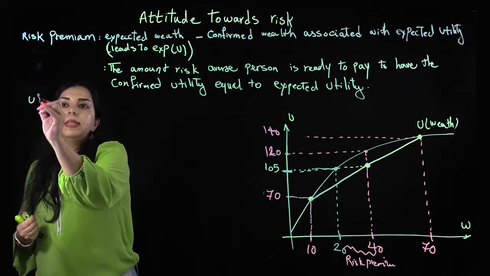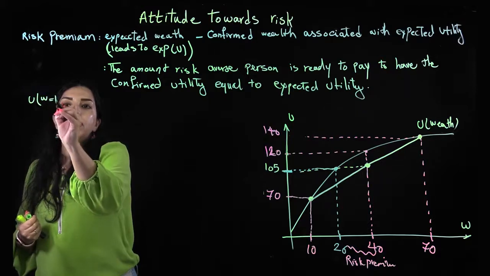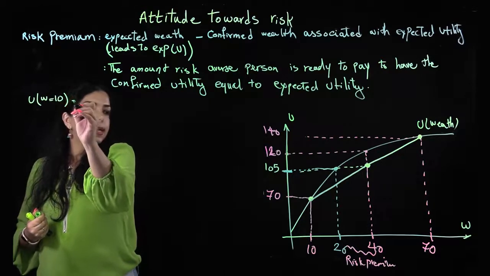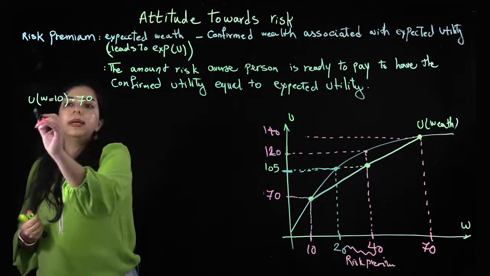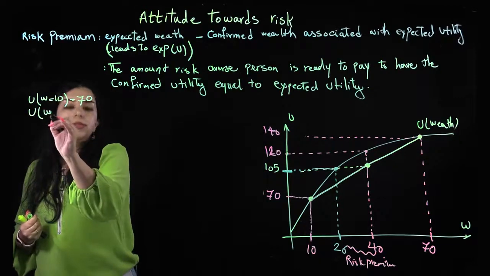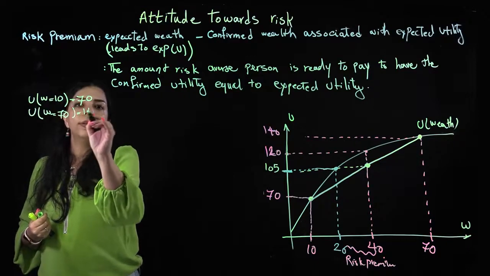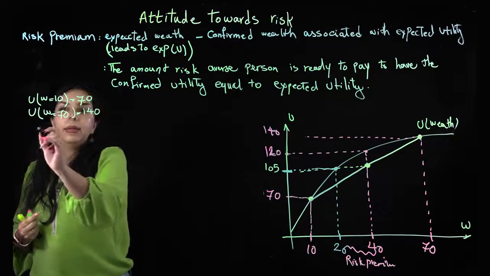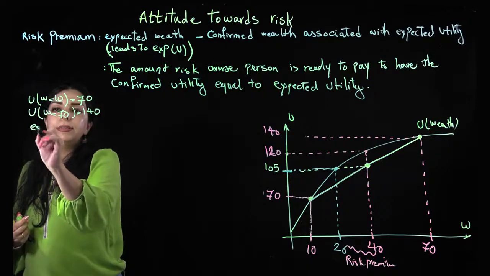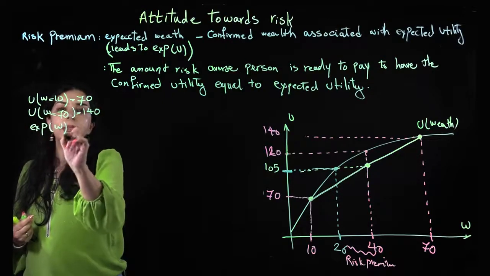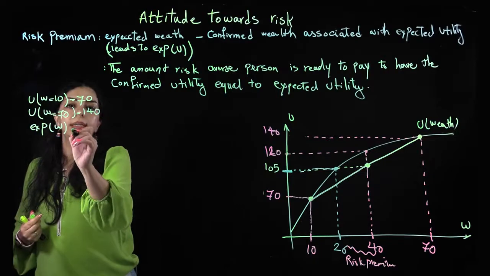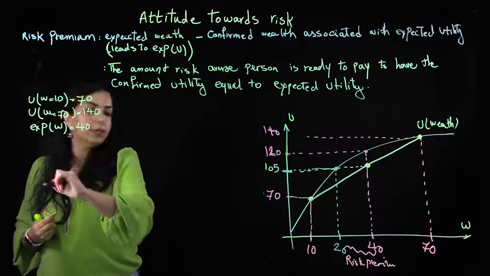For example, the utility of wealth of 10 is equal to 70, then the utility of wealth of 70 is equal to 140, and the expected wealth, exactly like the previous example, is equal to 40.